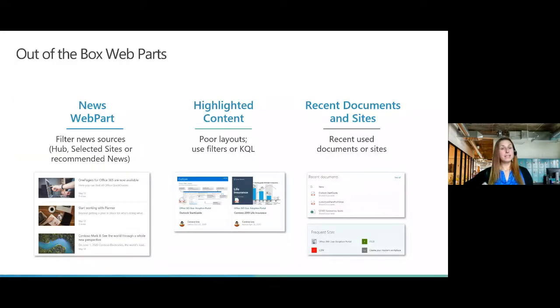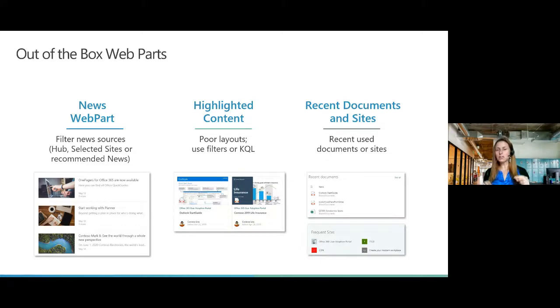Okay, and then we have the out-of-the-box Webparts. The news Webpart, where you can define which news sources will be available, the highlighted content Webpart, and recent documents and sites.